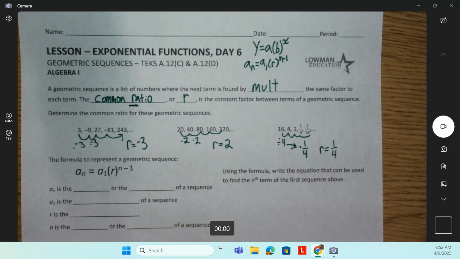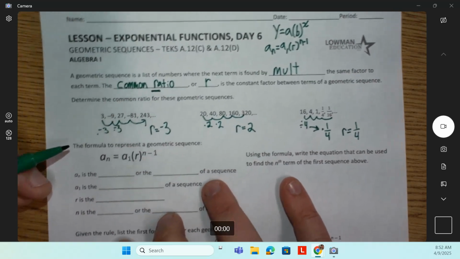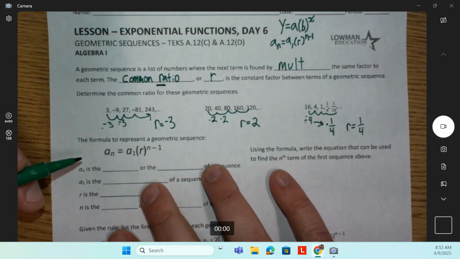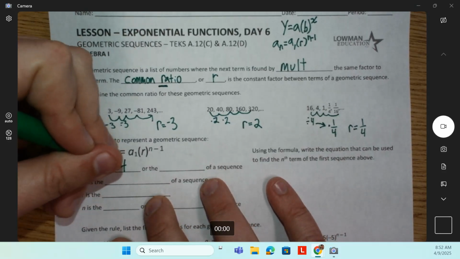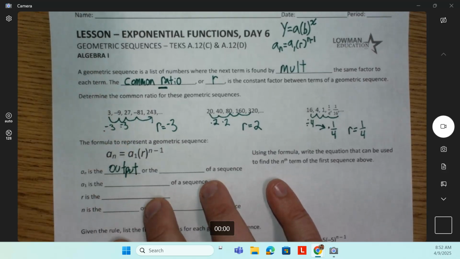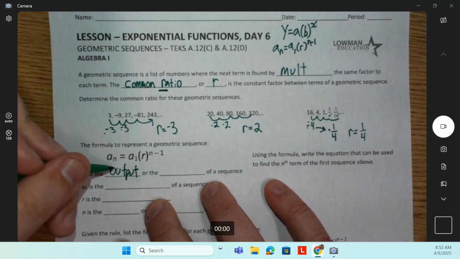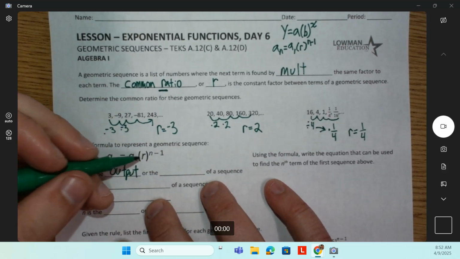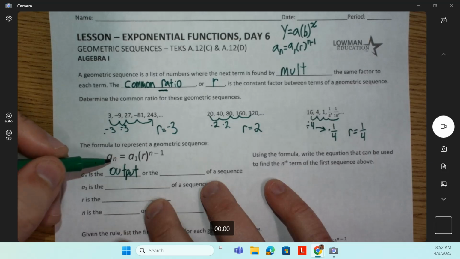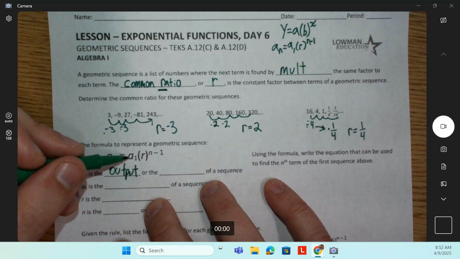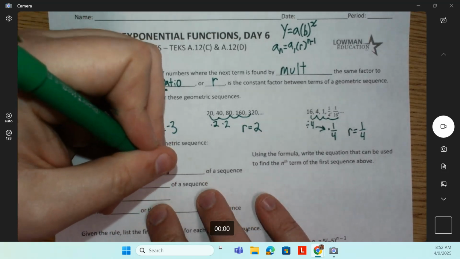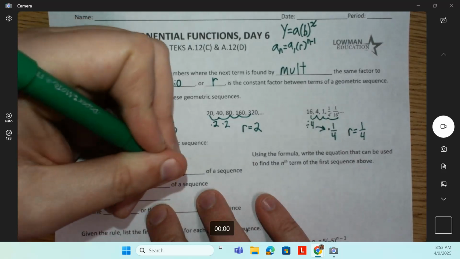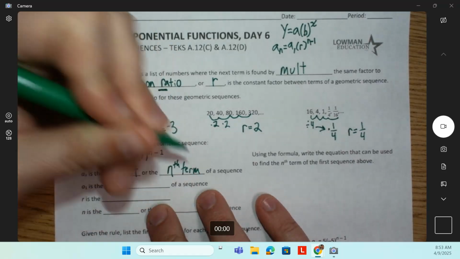Okay, so a little bit about the formula, diving a little deeper into it. a_n is going to be our output. If we wanted to know the 10th term in the sequence, we would put a 10 in for n if we had our a_1 and our r value, and we'd get what it was. So the nth term.